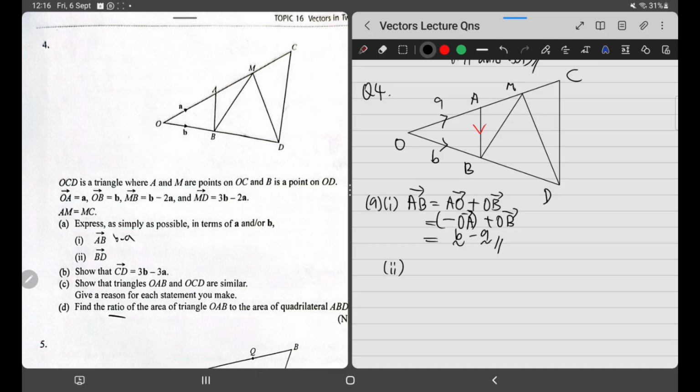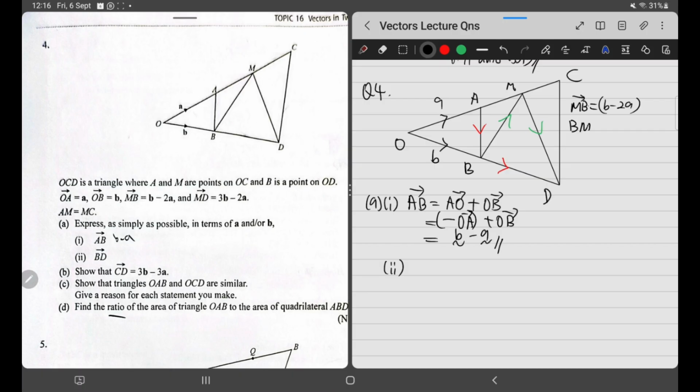(ii) You want to walk from B to D? And the question tells you that BD, you want to walk from B to D, you can walk from B to M and then M to D. Agree? Right? And then the question tells you that MB equals B minus 2A.